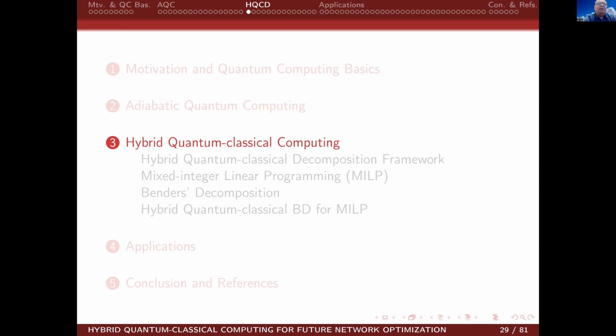When we look at the Benders' decomposition process, we find that some parts of the algorithm can be solved on the quantum computer so that we can speed up the whole solving process. Then in the final part, we will introduce our hybrid quantum classical Benders' decomposition for the mixed integer linear program.